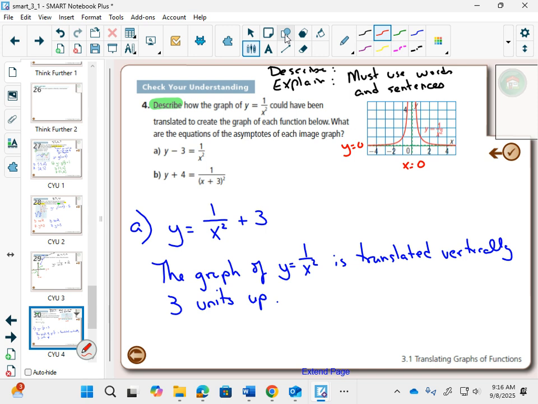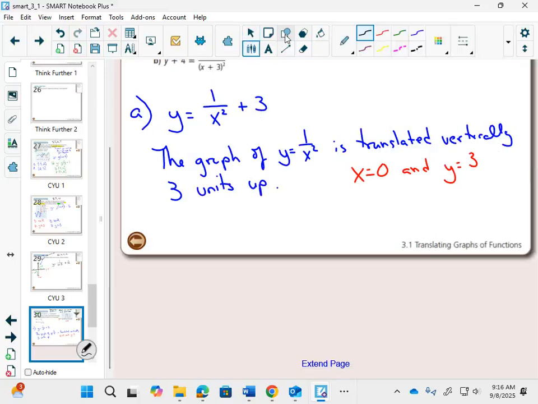Can you see that if you moved it 3 up, the x equals 0 will still be there, but the y equals 0 will now be at y equals 3? So those are the equations of the asymptotes of the new graph.